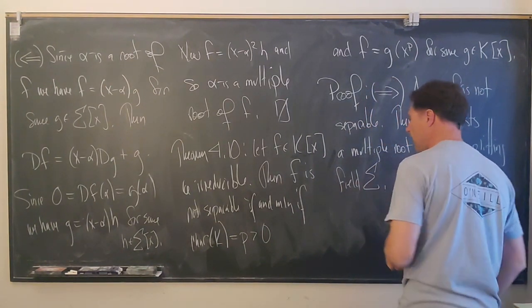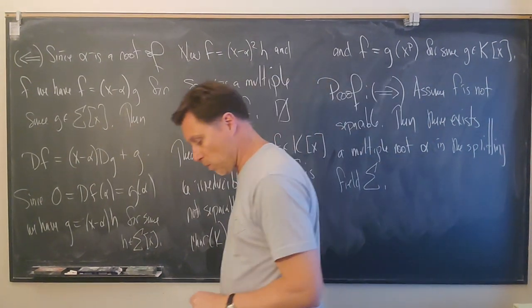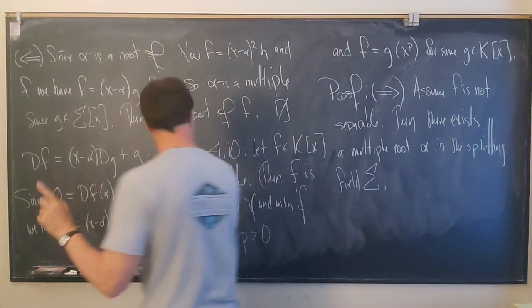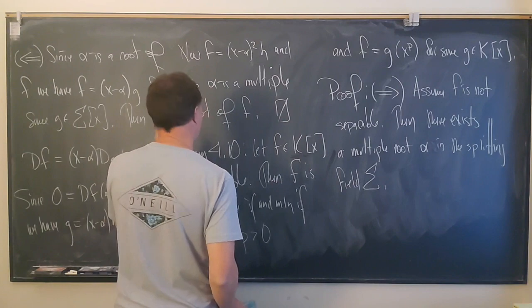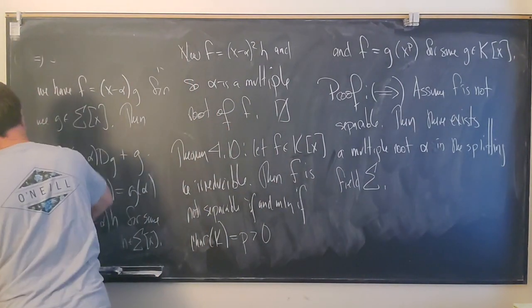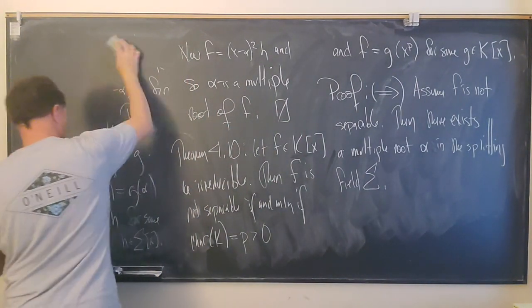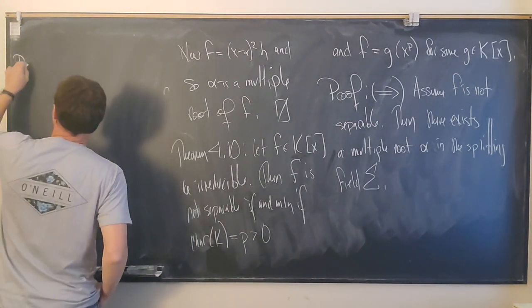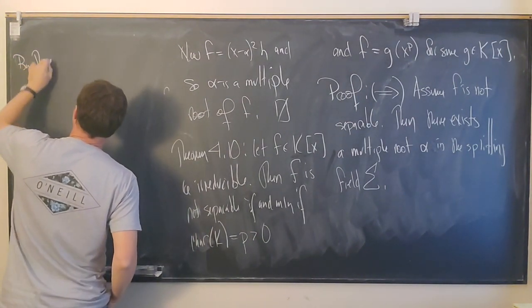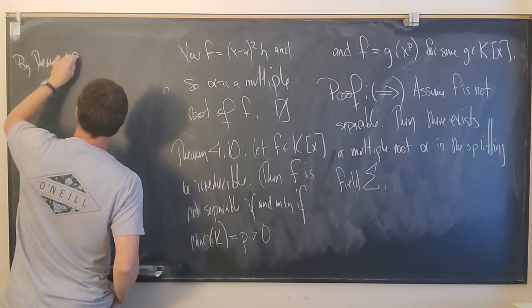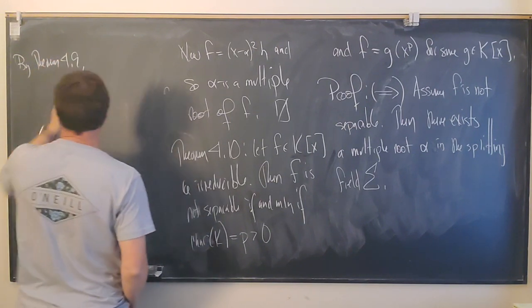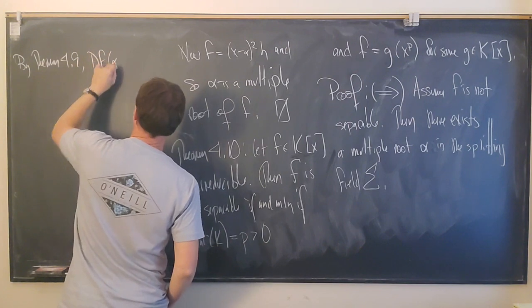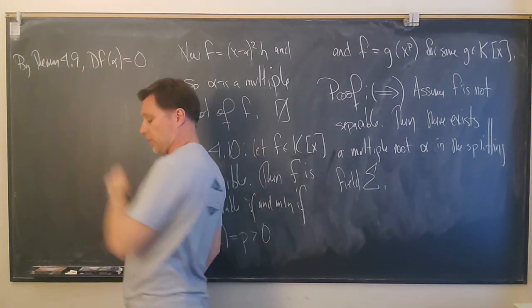According to our previous theorem, the derivative of f evaluated at alpha has to equal 0. So by theorem 4.9, df of alpha equals 0.